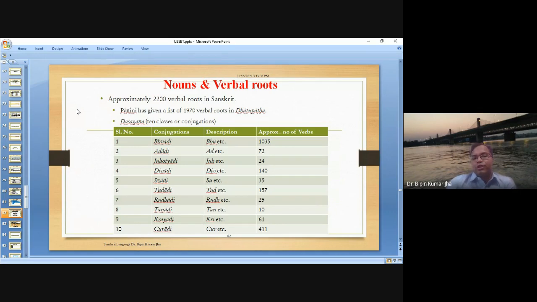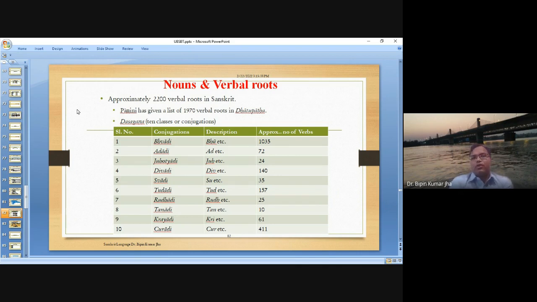So we need to understand the structure on the basis of which we can coin different types of verbs, which will denote the different tenses and different moods, with the help of lakar.